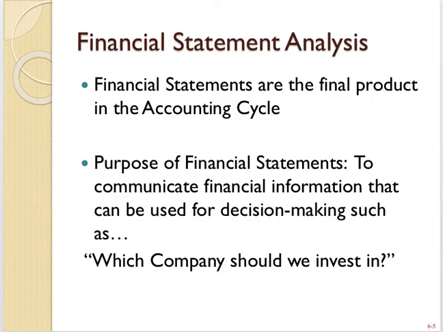And we do this communication through financial statements. Okay, that is really the final product in the accounting cycle. That's the deliverable. That's the reason why we do all of that, so that we can provide these financial statements or reports about what the company's doing.